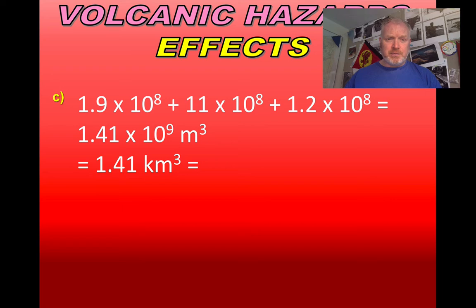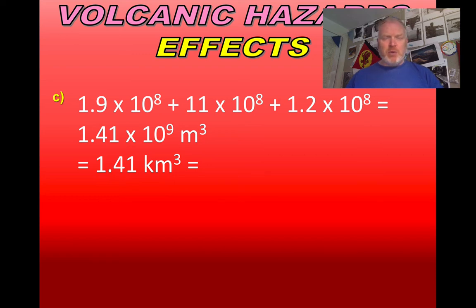Now, there are a billion cubic meters in 1 cubic kilometer. It's 1,000 times 1,000 times 1,000. So the total volume of material erupted in Mount St Helens was 1.41 cubic kilometers.